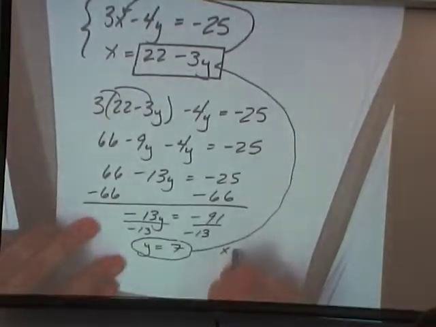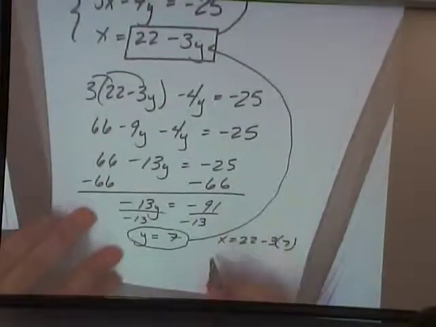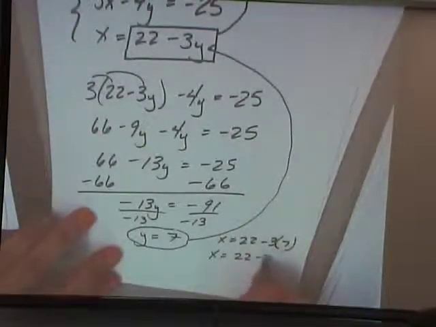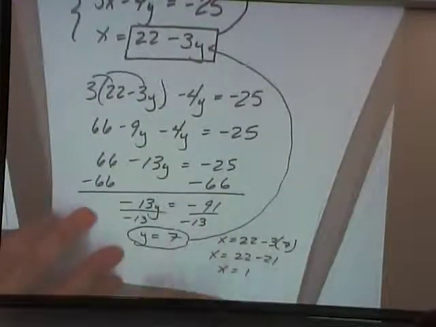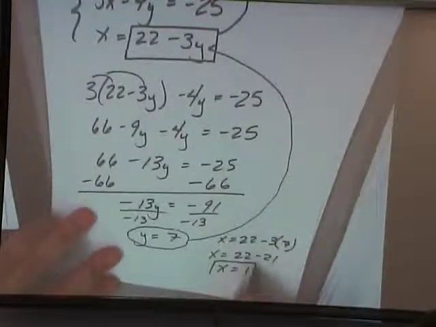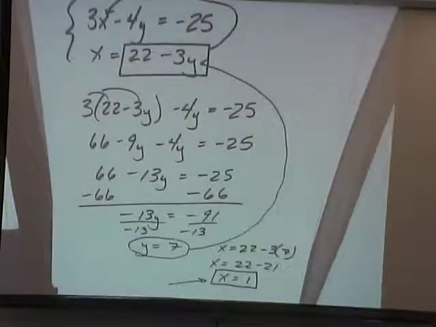So that'll give me x is equal to 22 minus 3 times 7, or x is equal to 22 minus 21, x is equal to 1. So this would be the answer because they're looking for the x part of the coordinate. Okay? Questions on that?